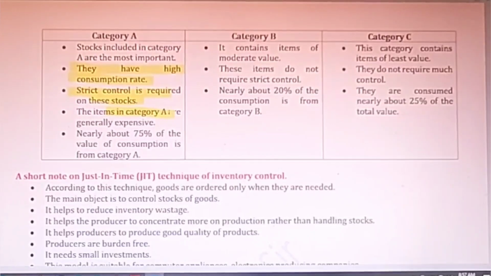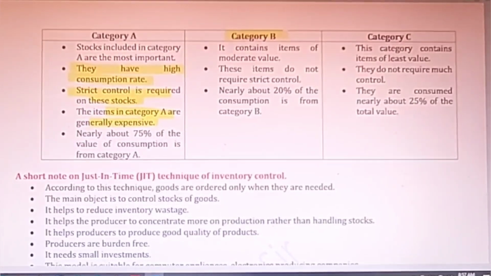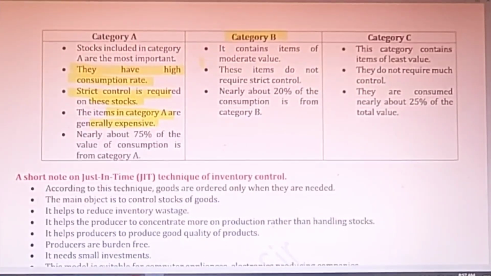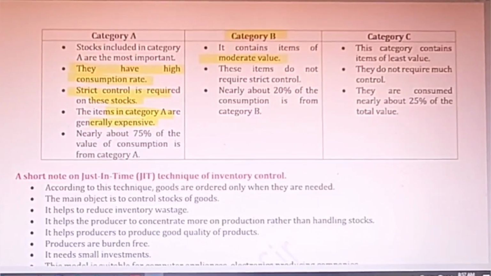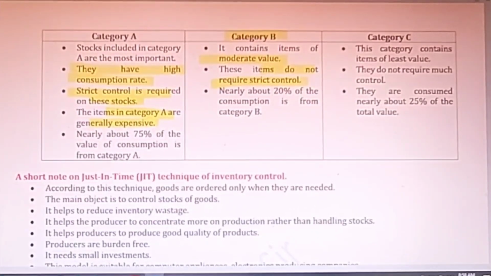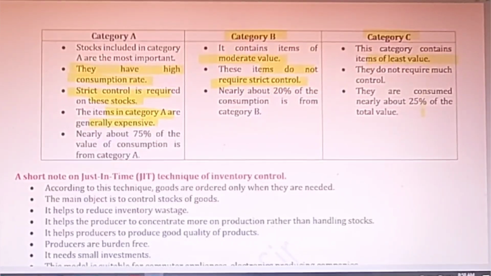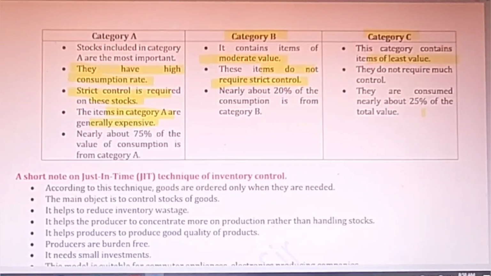Basically, these are very expensive goods or inventory. Category B items are moderate, right? The value is moderate. We do not require much strict control over this inventory. And category C is the lowest value of inventory, but their consumption is very, very high, right?